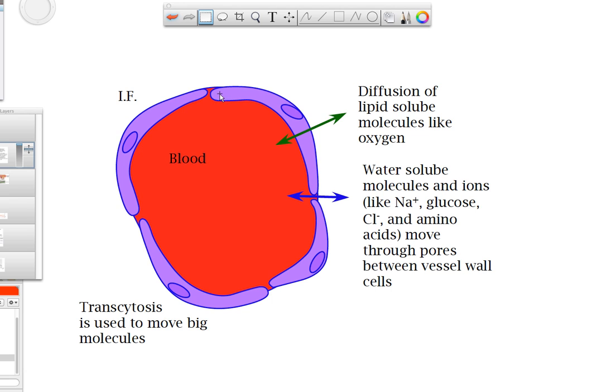These are single cells that comprise the capillary wall, oriented in such a way that they are as flat and skinny as they can possibly be. So a very short distance is necessary for diffusion to be of sufficient rate to be an effective means of moving a material from the blood and to the blood.